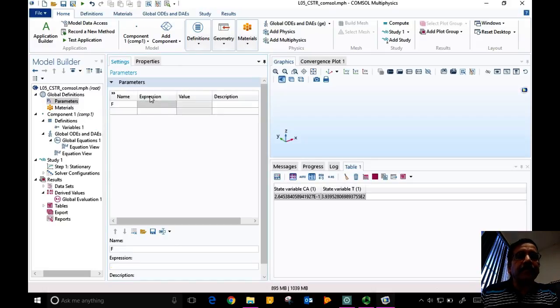Maybe the name and expression are the same, so I'll just put F there. Circular variable dependency detected. What if it's F plus 1? Changing it back to 1. F is 1, the initial value of the parameter is 1. It accepts that.